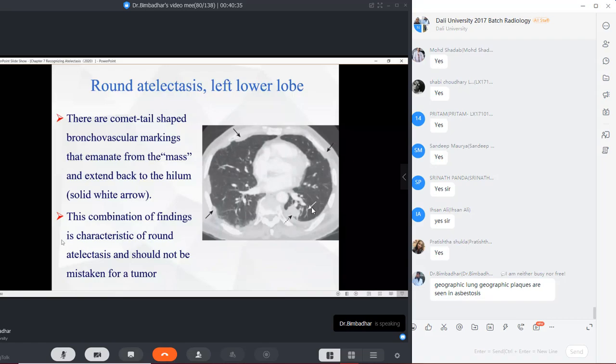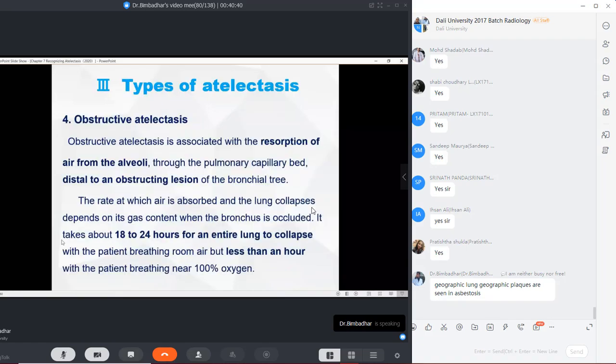and it should not be mistaken for a tumor, right? The next type is obstructive atelectasis, and it happens because of the resorption of air from the alveoli, through the pulmonary capillary blood, distal to an obstructing lesion of the bronchial tree.